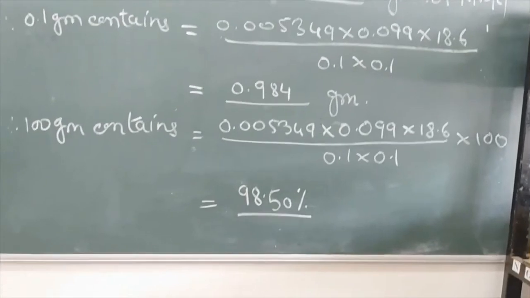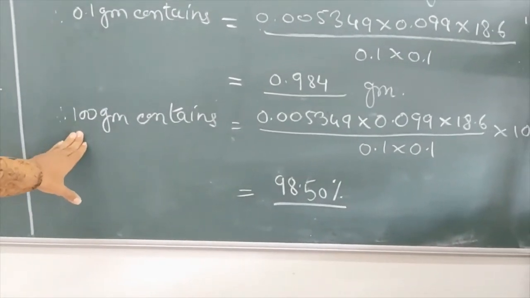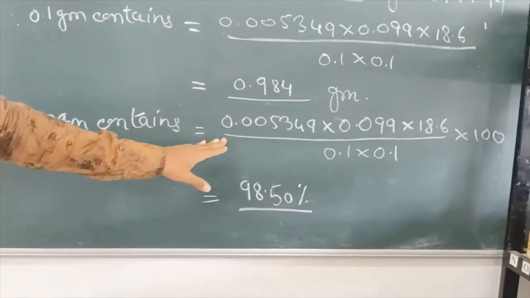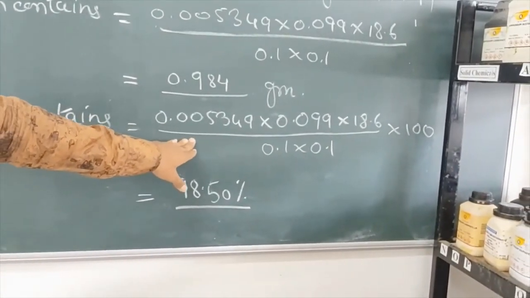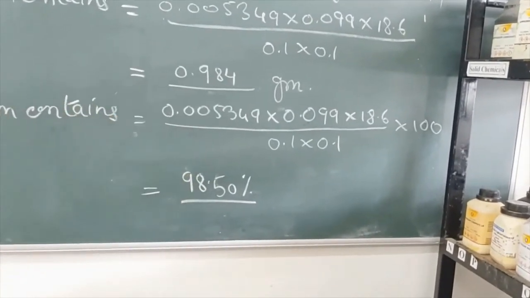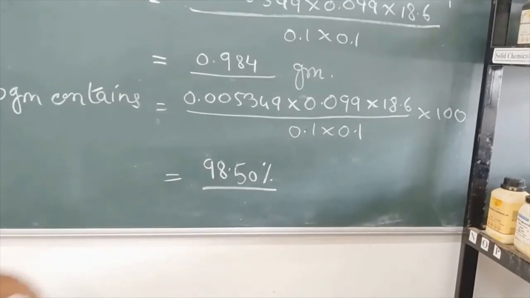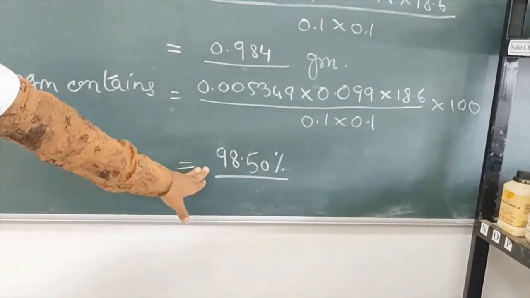Then we have to find out percentage purity of ammonium chloride. The 100 gram of sample contains 0.005349 into 0.099 into 18.6 into 100 divided by 0.1 into 0.1. Then 100 gram of sample contains 98.50%.